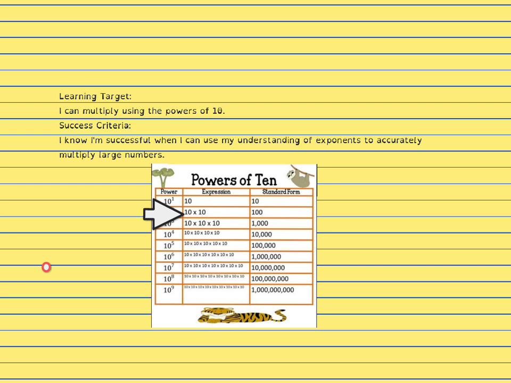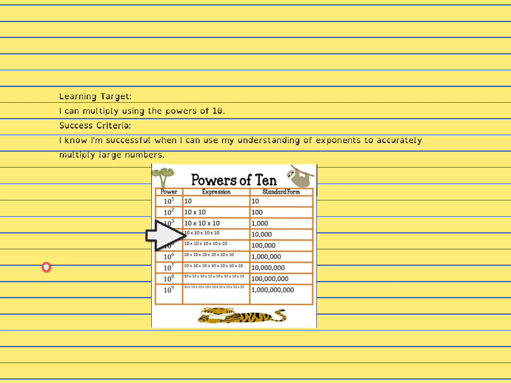We did this earlier this year, and we saw that every time we multiplied by 10, we increased by a 0. So 10 times 10 times 10 is 1,000. If I multiply it 4 times, my answer is 10,000, which has, you guessed it, 4 zeros.